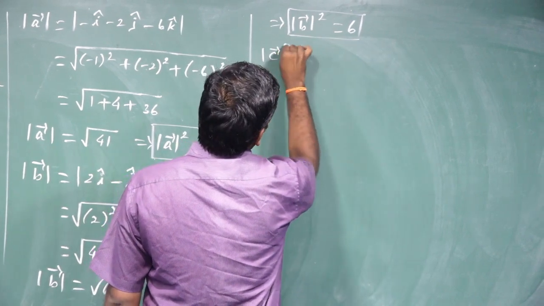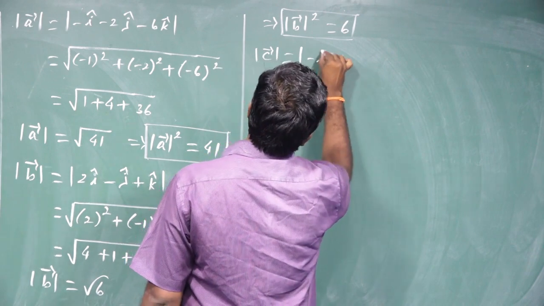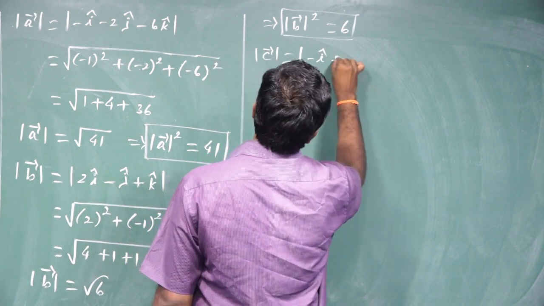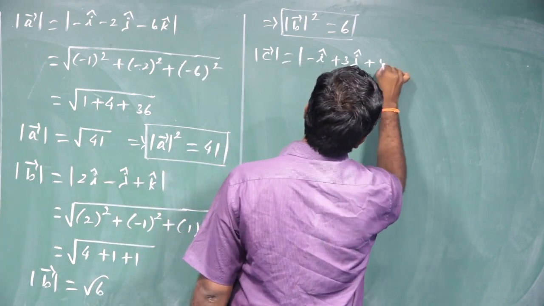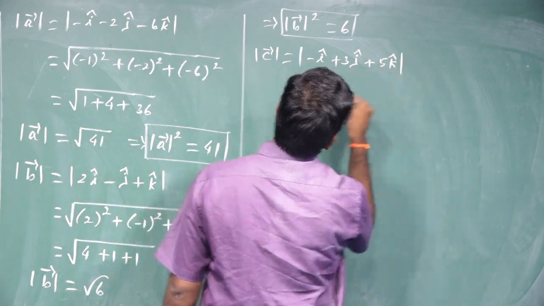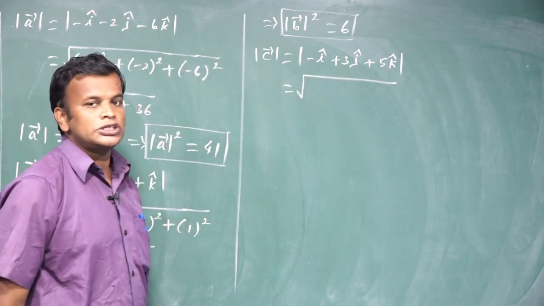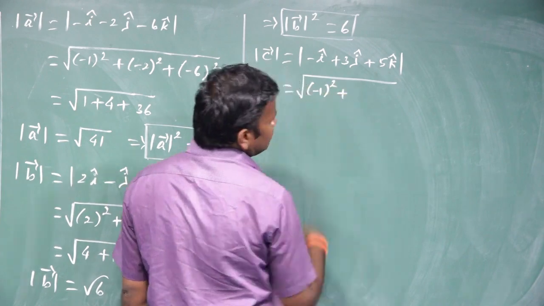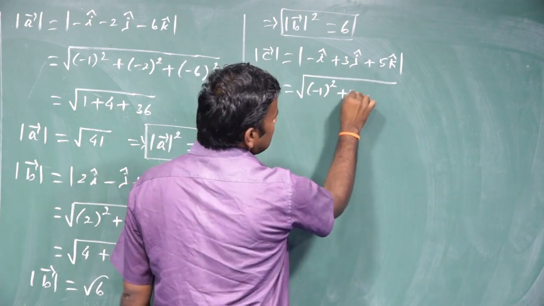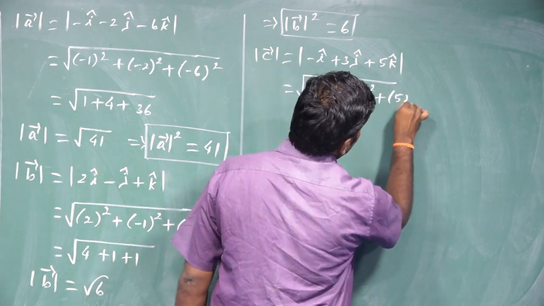Next we will take the modulus C vector. Modulus of minus i cap plus 3j cap plus 5k cap. Same working rule. Square root of the coefficient of i cap, minus 1 the whole square, the coefficient of j cap, 3 square, the coefficient of k cap, 5 square.